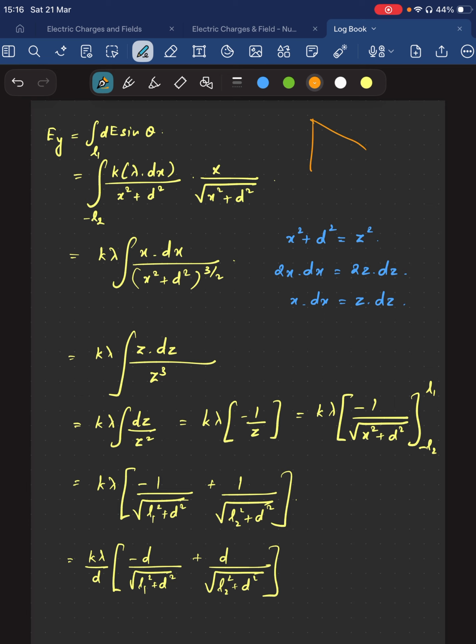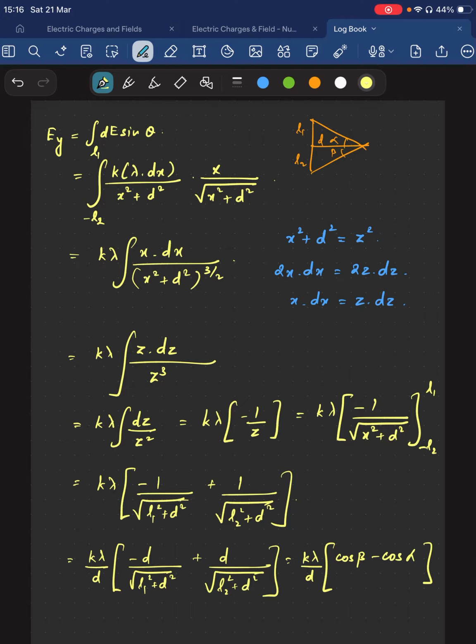So this was your diagram, this was your alpha, this was your beta, this is d. This was L1, this was L2. So d by under root of L1 square plus d square is nothing but cos alpha, and d by under root of L2 square plus d square is nothing but cos beta. So we'll get this result to be equal to k lambda by d of cos beta minus cos alpha, right?